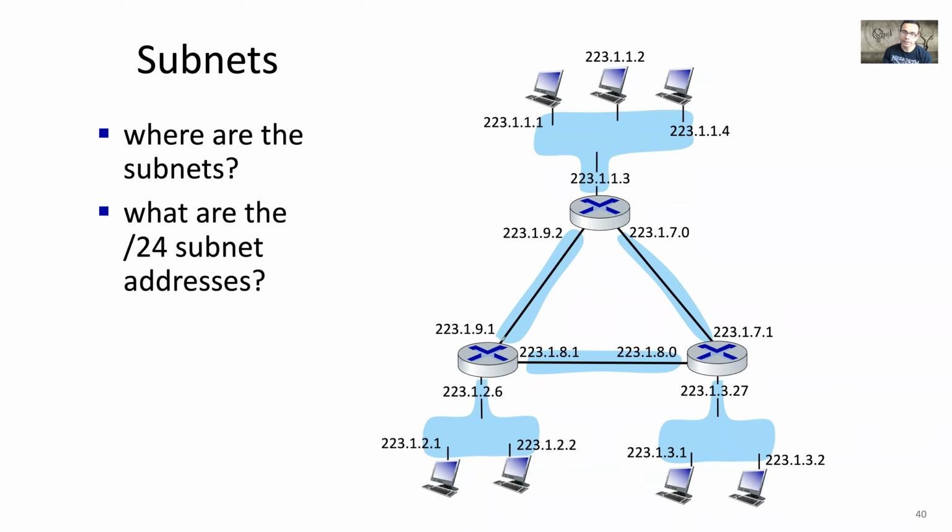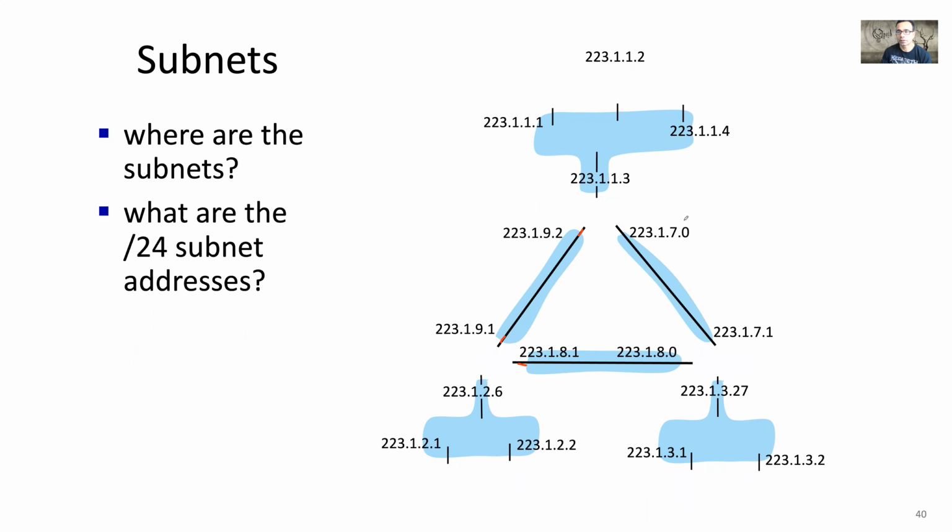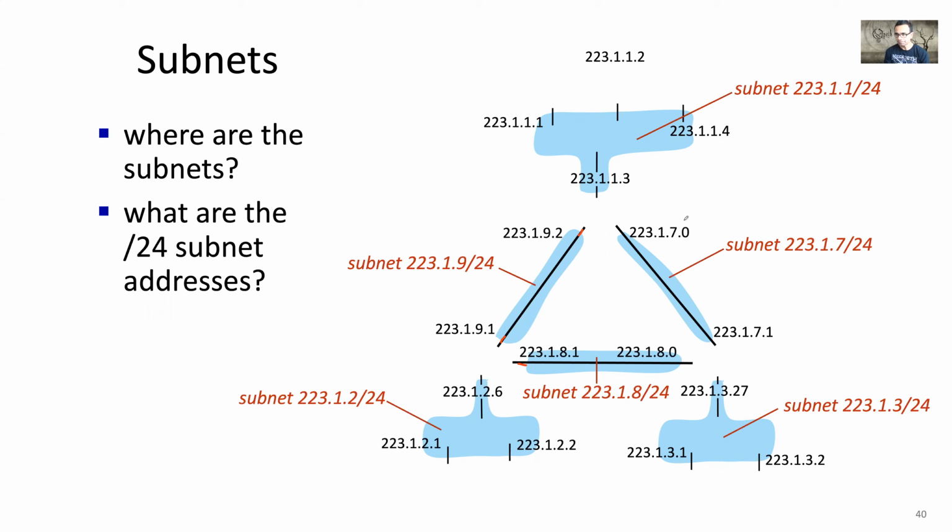But then if you look at these 2 interfaces, they can connect to each other without having to go through a router, but this cannot communicate with this without going through a router, right? That's the reason this is a separate subnet, this is a separate subnet, this is a separate subnet. Again, the same idea: you detach those hosts, focus on these isolated islands, and each of them now becomes a subnet.